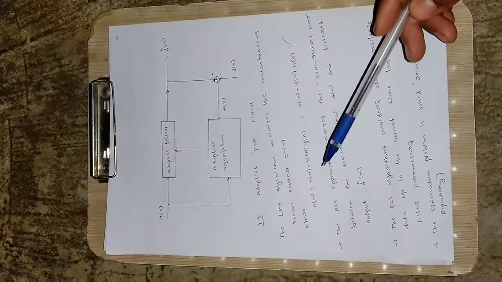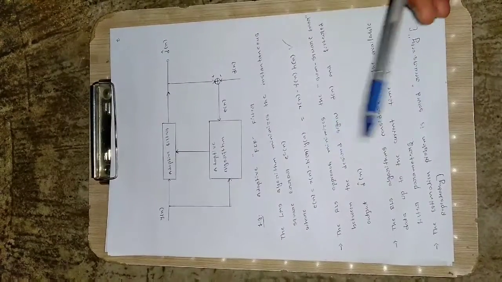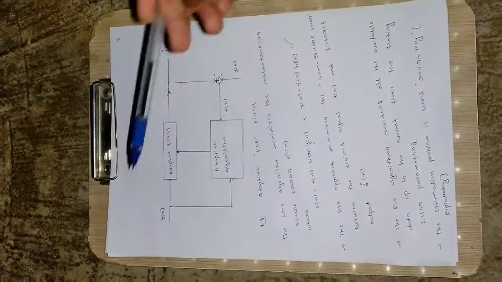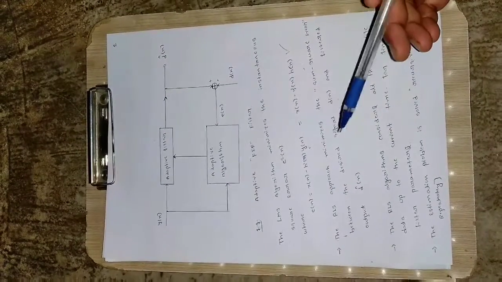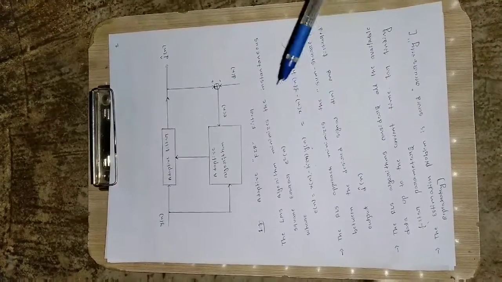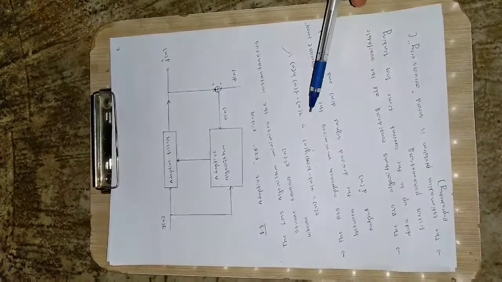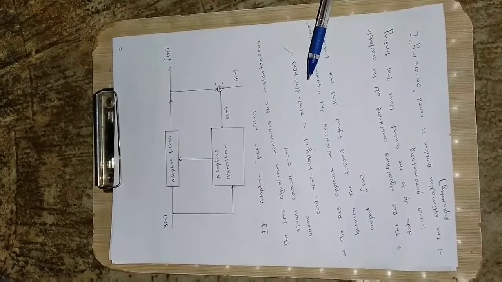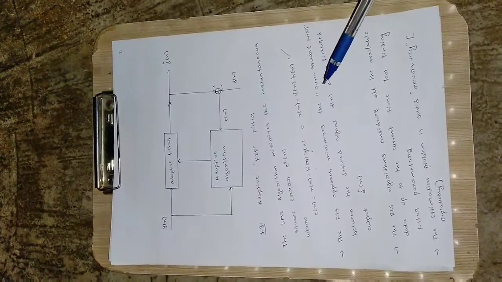So e of n will be equal to x of n minus h transpose of n into y of n, where y of n is the input signal that we have received from the environment, which contains the noise, and h of n is the filter coefficient, that is, the response of the adaptive filter. Which I can write as x of n minus y transpose of n into h of n. This can be written like this with the help of the matrix properties.